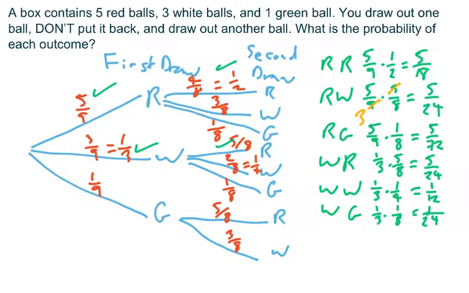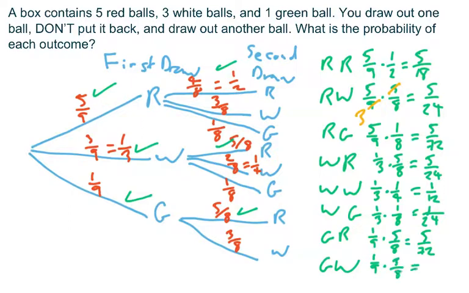And then we have, going to the branch of this tree, green followed by red. Green followed by red would be 1/9 times 5/8. And that's 5/72. And one last option, because there is no green followed by green, 1/9 times 3/8 is equal to 3 over 72. Oh, no. We can divide the 3 into the 9.